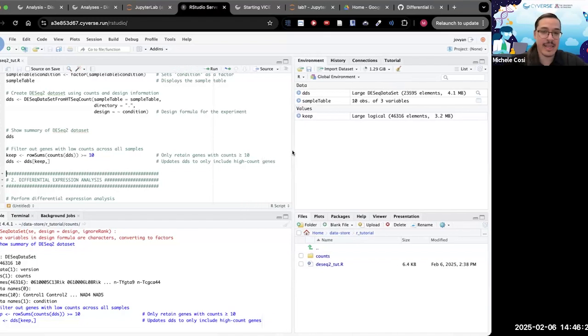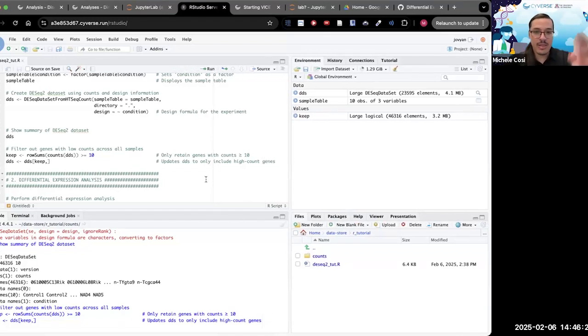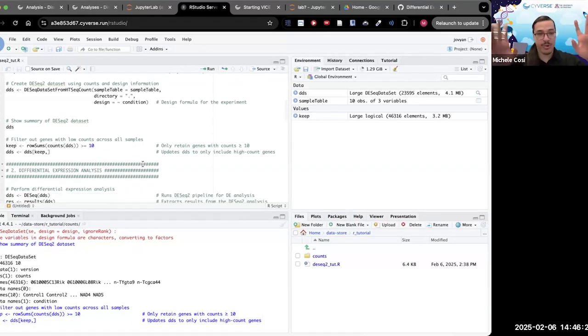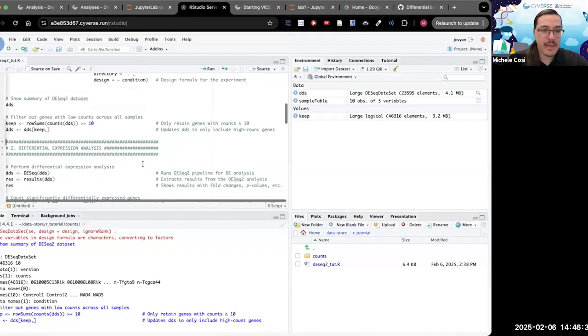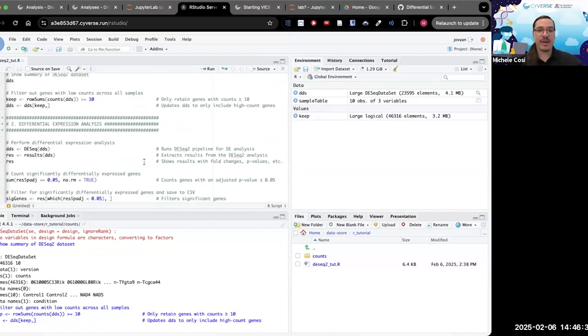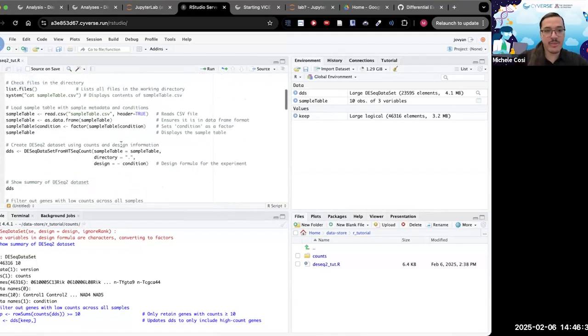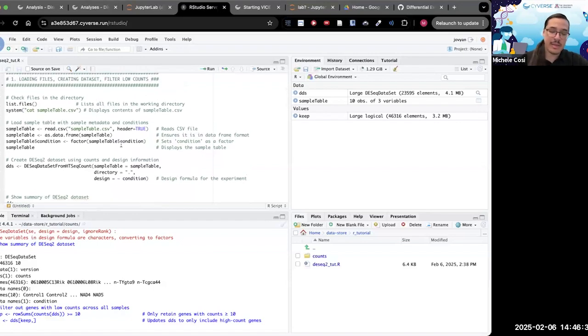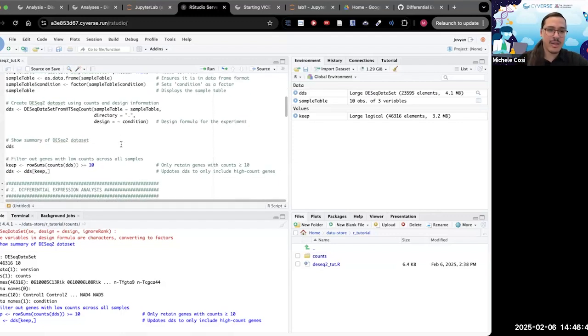We are updating the data frame to only include the high count genes, and quote unquote high count means more than 10. So now that we do have a complete setup, what we did is we ran DESeq2, but before that, we made sure that it is in the right format. And after running DESeq2, we decided to remove the genes that have low counts and update our data frame.